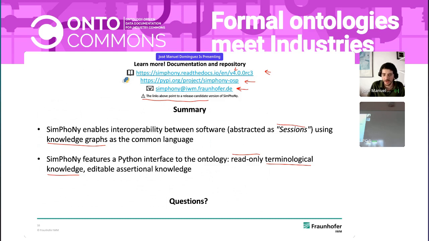So you will find, for example, that the documentation of how to develop your own wrapper is still missing on this page, so you would have to wait a while for this. But hopefully today, with this presentation, you have been able to understand the concept and familiarize yourself with it. Hopefully it's useful for some of you. Thank you for your time and attention.